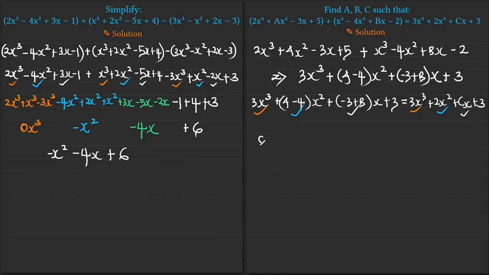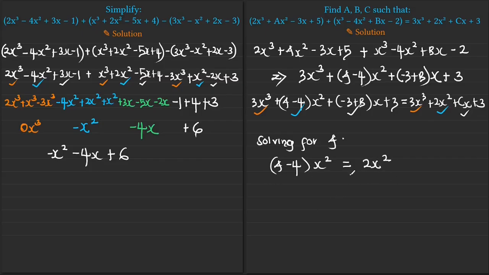So we say solving for a, we would have to equate the terms. That is to say, a minus 4 then x squared is equal to the term that also has an x squared here, which is 2x squared.